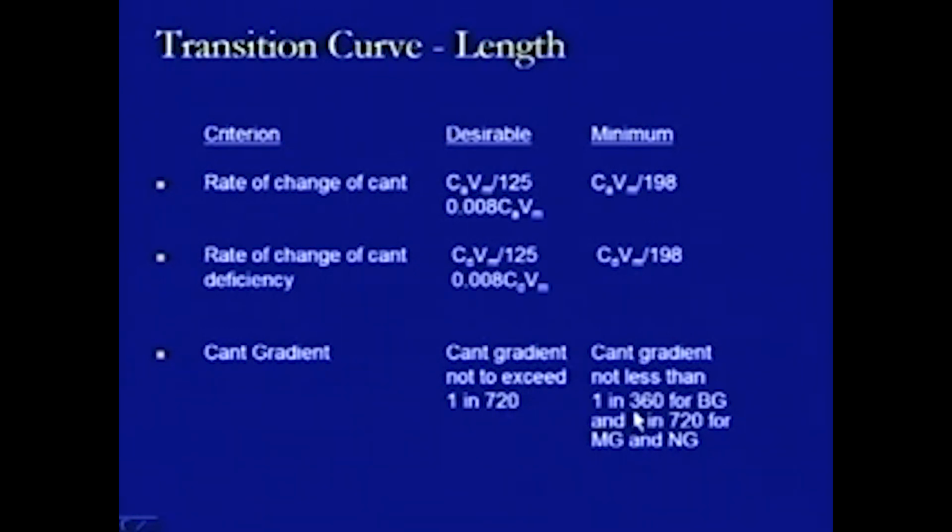We have already seen this in the previous lecture, where we discussed the change in the cant gradient and the maximum permissible speed. Here, Ca and Cd are in mm and V is in kilometers per hour. This is with respect to the units being used here.